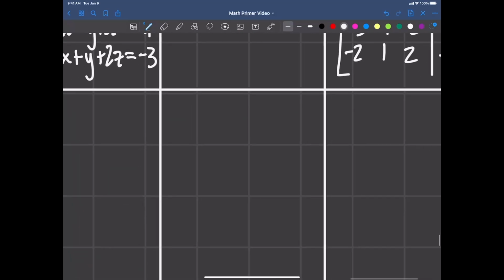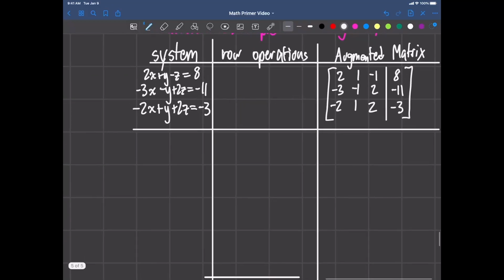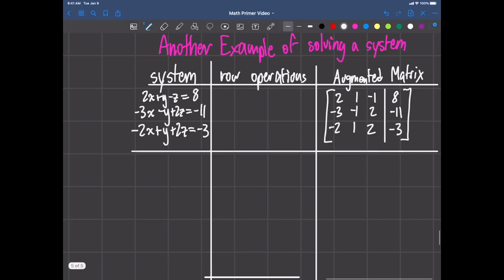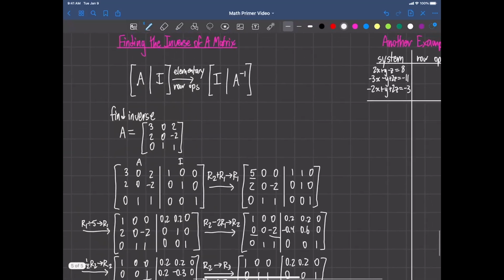So let's start off with, now that you understand how this method works, finding an inverse.